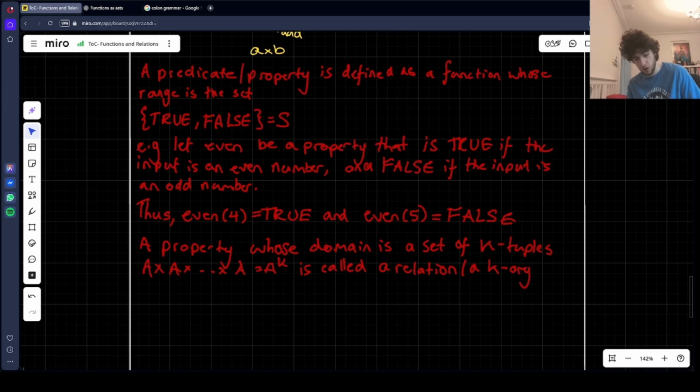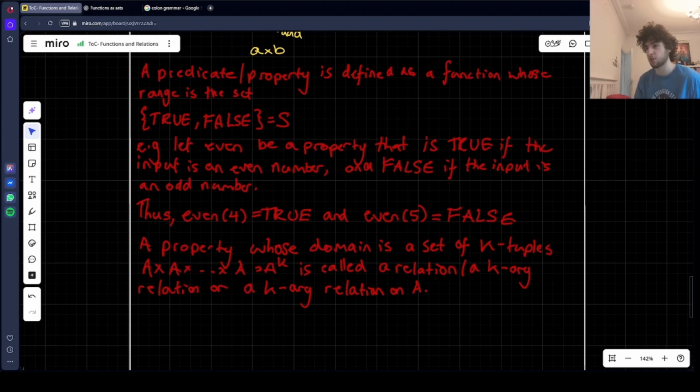You could call it a relation, a k-ary relation, or a k-ary relation specifically on capital A. The reason we say it's on capital A is because each element of the k-tuple we're producing will be from that set A. So technically more correct would be to call it a k-ary relation on A, but it's really up to you what you call it.